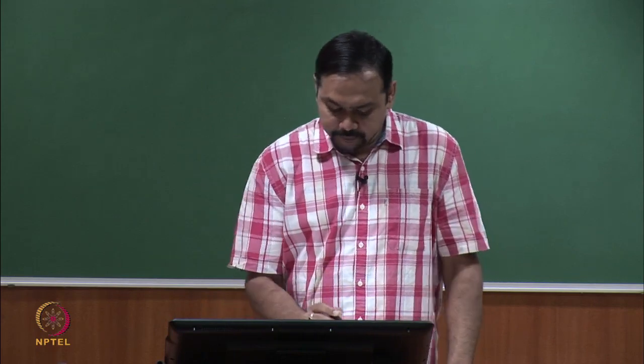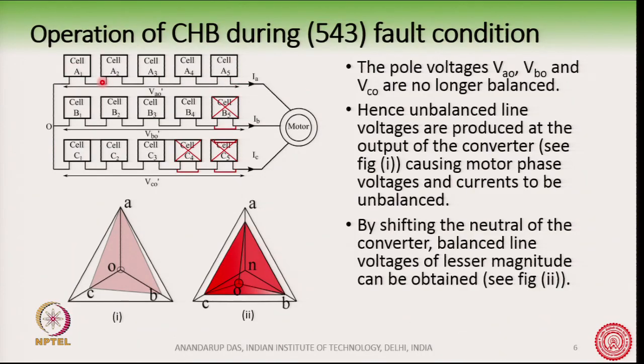So, we want to use 5 healthy cells from A phase, 4 healthy cells from B phase and 3 healthy cells from C phase. But then the pole voltages VAO, VBO, VCO will definitely become unbalanced.